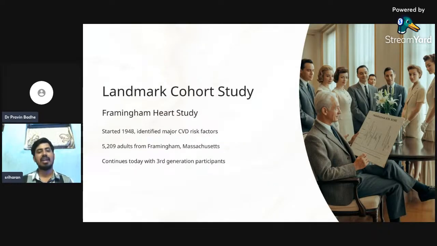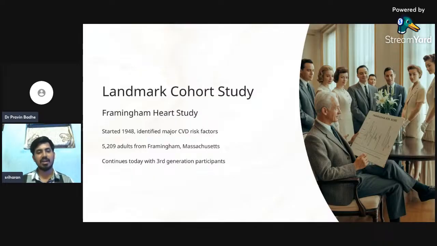Landmark: this is a great example of a cohort study. It is still going on, into its third generation. The study title is the Framingham Heart Study. It was started in 1948, and it gave weight to the concept of risk. The concept of risk evolved through this study.